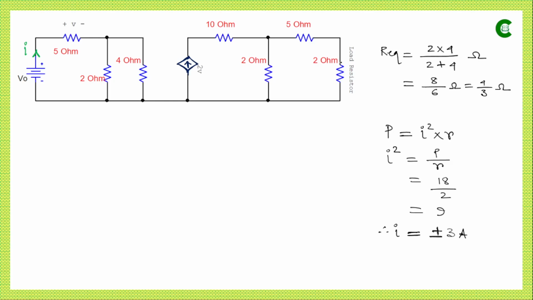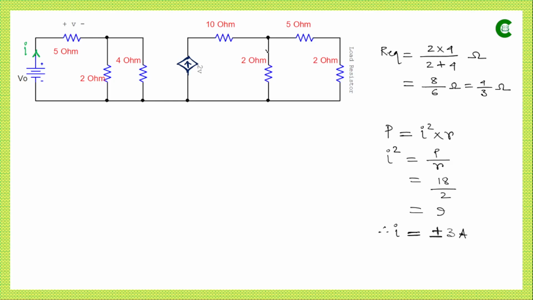Now plus 3 ampere will be when current is flowing downwards, and minus 3 ampere will be when current is flowing upwards, because in this part of the circuit we know this is the only source. Here we have the dependent current source whose direction is upwards, so current will flow this way, and at this node it will be divided into two parts.